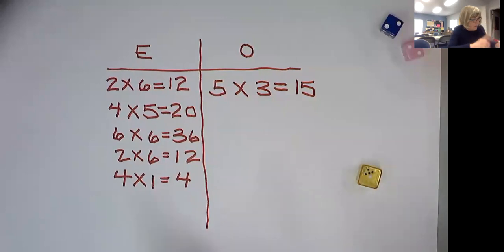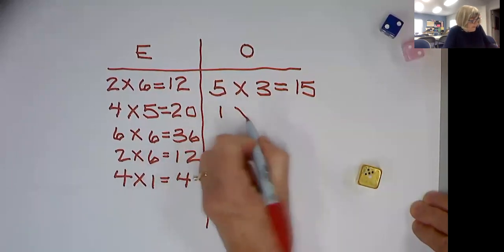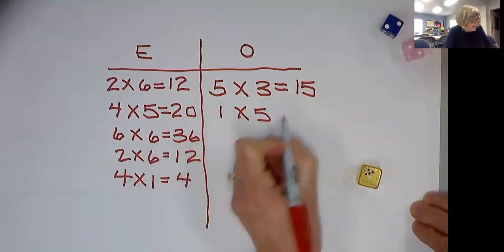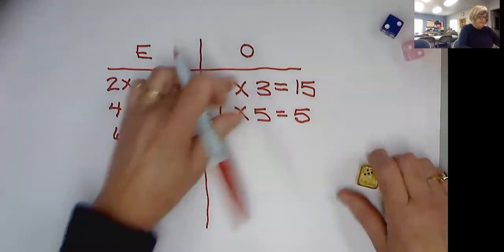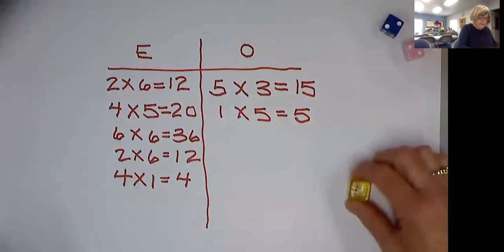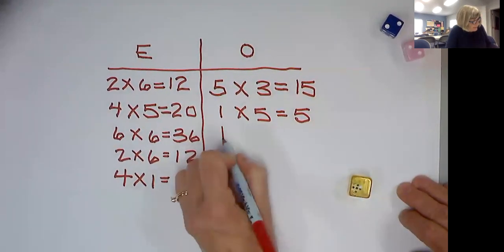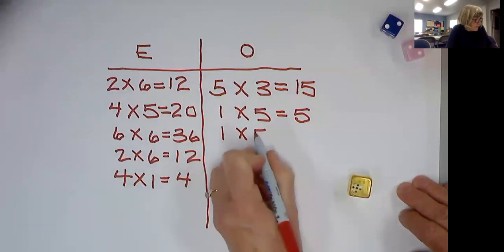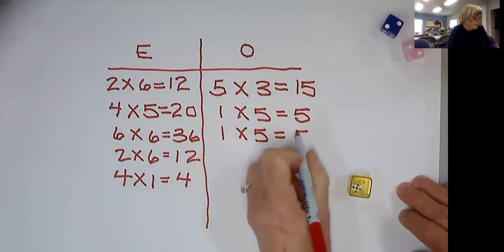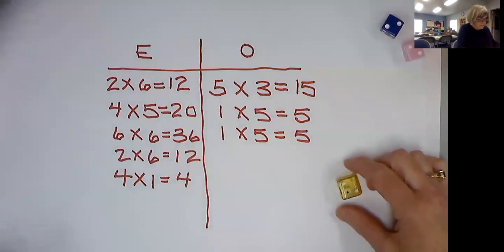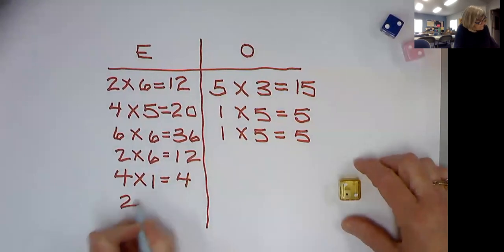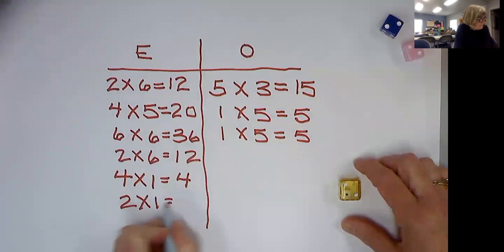1 times a 5. Oh, good, I got an odd number. I'm so glad. Okay, that's 5, 6, 7. My teacher said I got to roll 10 times. 1 times 5 again. Oh, I must not have shaken that up. 2 times 1. 3, 6.